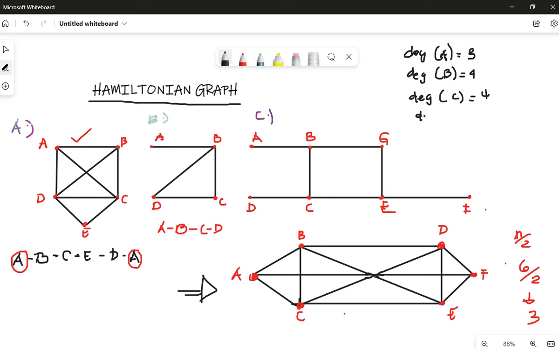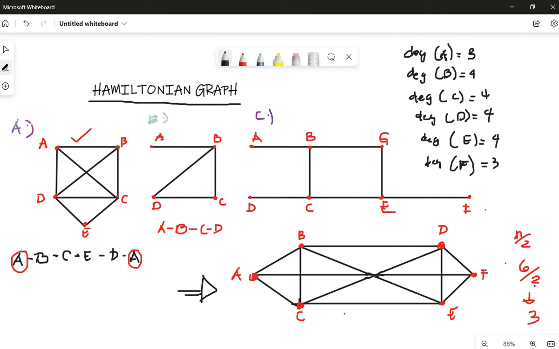Next, the degree of vertex D: 1, 2, 3, 4, still 4. Now the degree of vertex E: 1, 2, 3, 4, still 4. Next, the degree of vertex F is 1, 2, and 3.